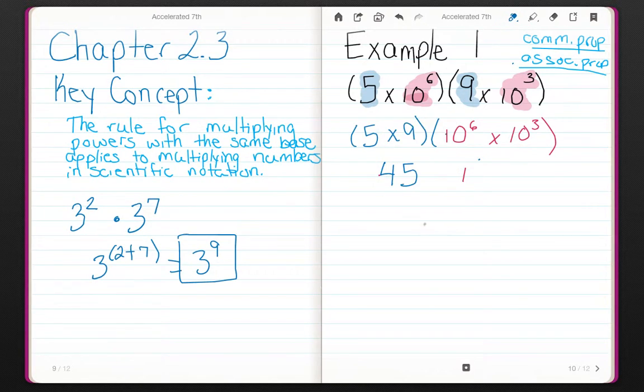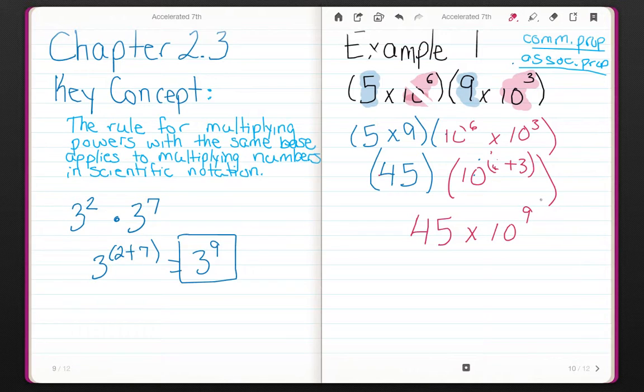Keep the parentheses. Ten to the 6th plus 3, which equals 45 times 10 to the 9th.